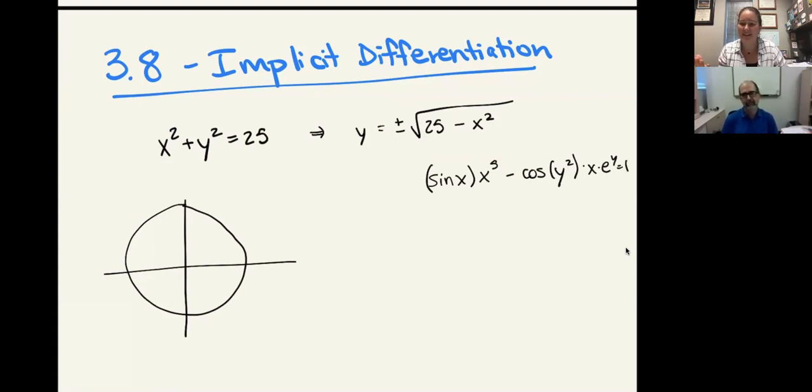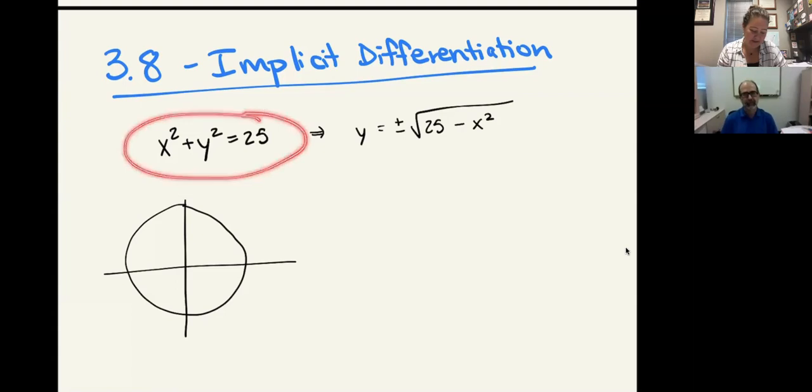You can't solve for y in that curve, which again is not a function. So this is what we call a curve that's defined implicitly, because you have x, which is still an independent variable, and then you also have y, which we can think of as a function of x, dependent on x.